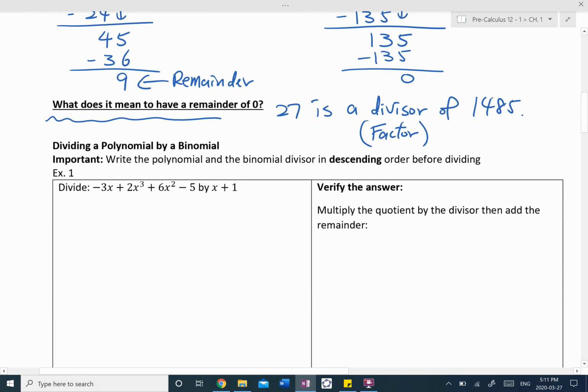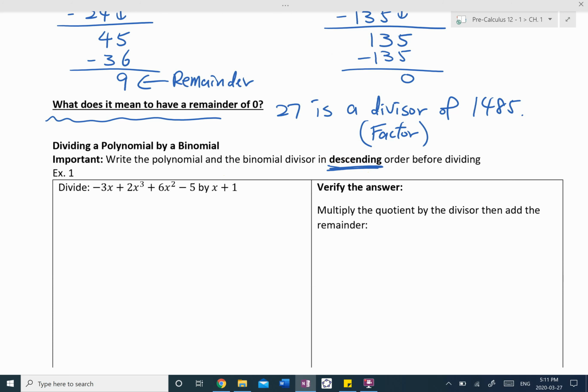Okay, so here is the first example. Be careful, it says here, important: write the polynomial and the binomial divisor in descending order. What that means is we want to make sure we have the highest degree, or the biggest exponent, in the front, and so on, in descending order. So the last one will be a constant. Here's the example.